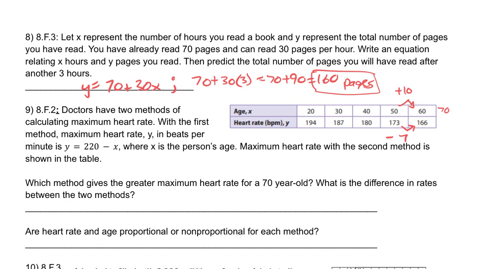So it's down 7 over 10. So if I go down 7 more, that would be 159 for a 70-year-old?